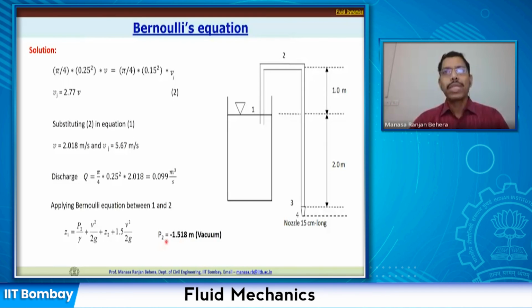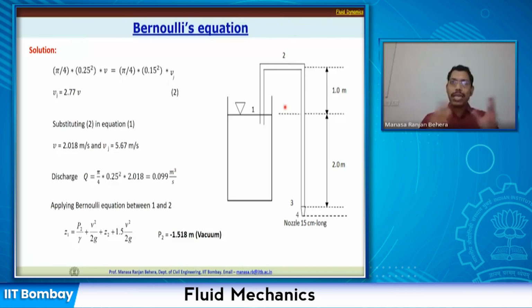So you got a vacuum pressure of 1.518 meter, and anyone can suck and generate that kind of vacuum pressure and pull the liquid if the pipe is that much high. Now I can keep on raising this pipe elevation, so I have to increase the amount of vacuum pressure so that I can pull the liquid.